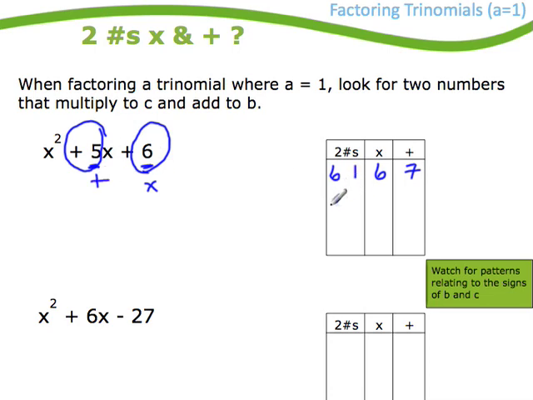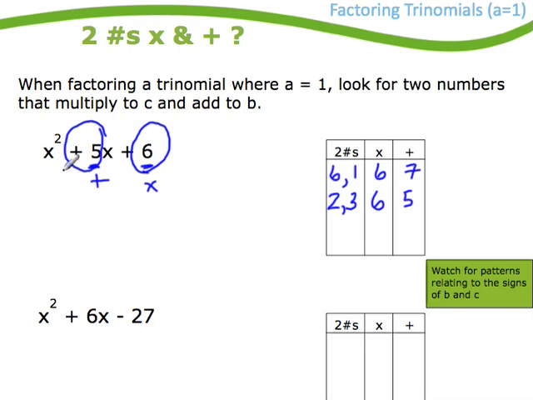Okay, so 6 and 1 didn't work. Let's try, of course, 2 times 3. So 2 times 3, maybe I'll put a comma in between these. 2 times 3 is 6. 2 plus 3 is 5. Those are my two numbers.